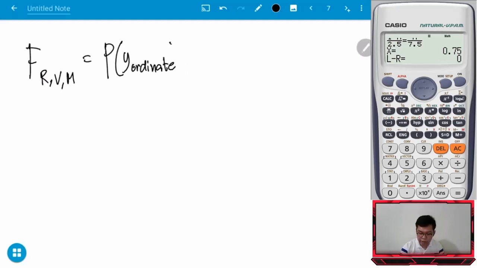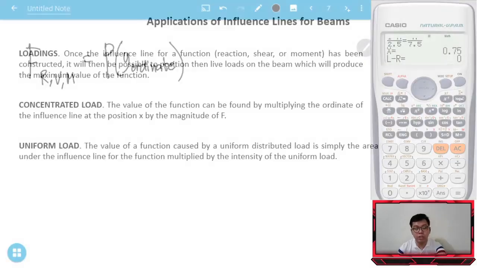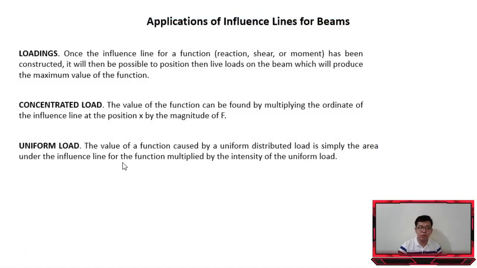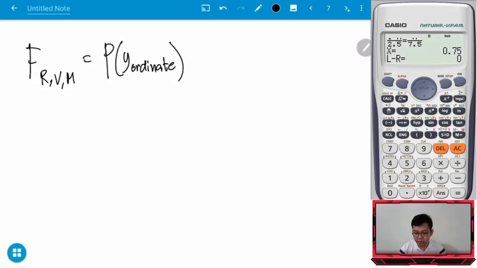Now, yung uniform load naman, i-multiply mo lang sa area. So, the value of the function caused by the uniform load is simply the area under the influence line. Yung uniform load natin, usually W, so W times area. Diba? Napakadali.